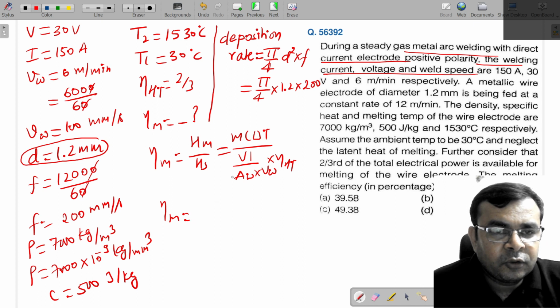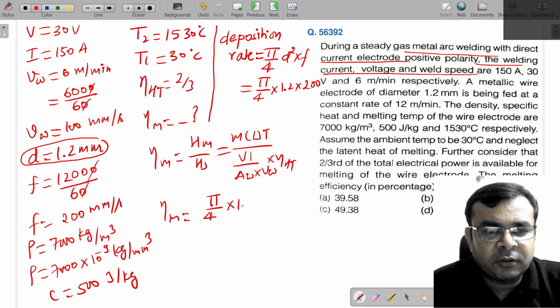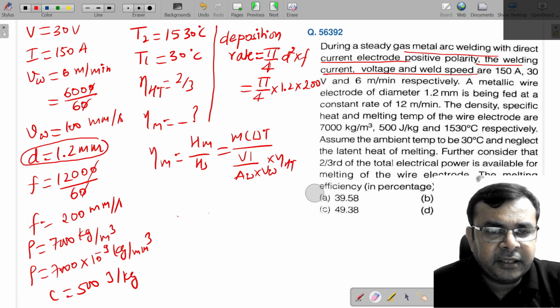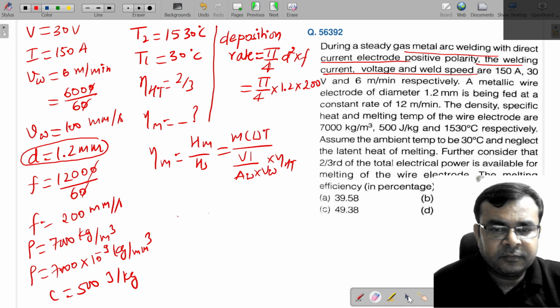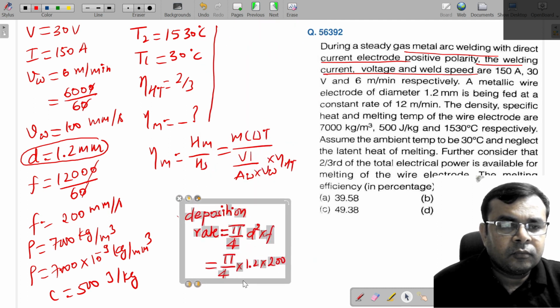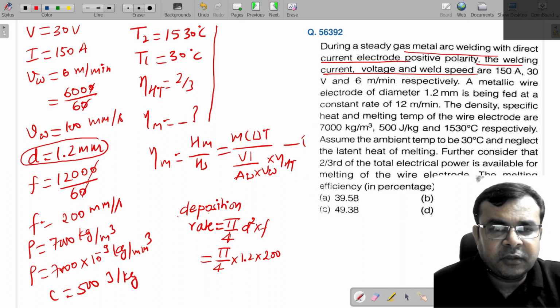Correct? So if you multiply this deposition rate with density, then it gives us mass flow rate. So simply you put this value like this, pi by 4 into 1.2 into 200 into density, that is 7000. Or let me see, first I calculate mass. Let's say this is equation 1.